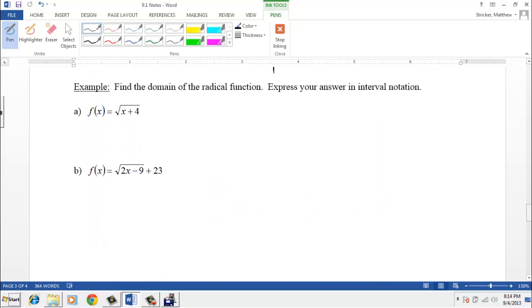So I have two examples here. One, both involving square roots. Find the domain of a radical function. Well, since this is a square root, remember I can only take the square roots of positives. That means that the radicand, remember the radicand is the part underneath the square root, has to be positive.